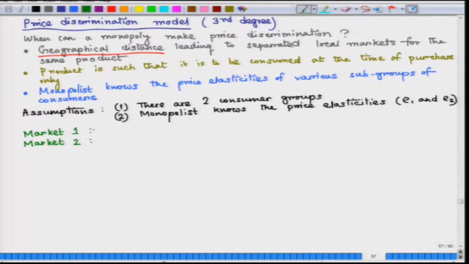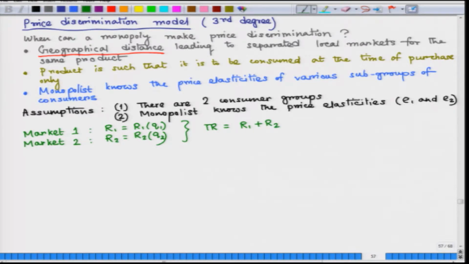So, in market 1, the monopolist has a revenue function which is basically a function of the quantities it sells in market 1, and for market 2 it has a different revenue function, because not only it can price discriminate, but the demand function itself is different in this market, and the new market or market 2 revenue function is given by R2. Okay. So, my total revenue is basically R1 plus R2.